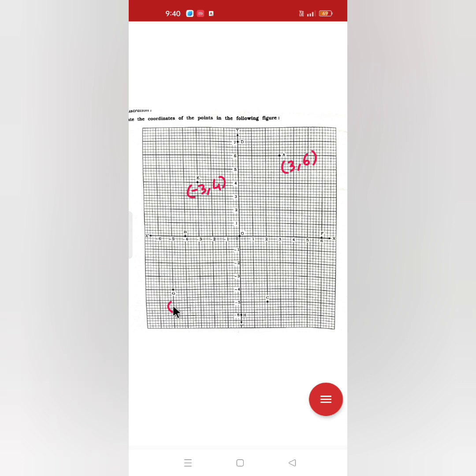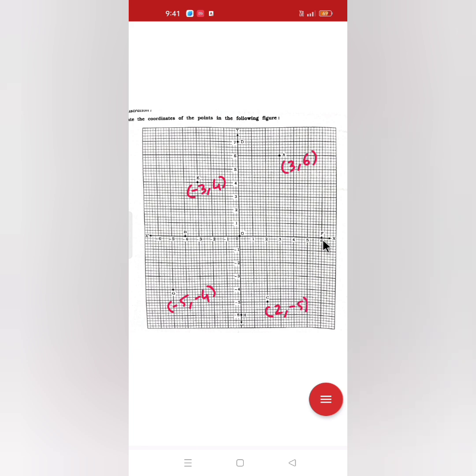Its x coordinate is minus 5 and y coordinate is minus 4. Point C lies in the fourth quadrant. The x coordinate, as we see, is plus 2 and the y coordinate is minus 5.